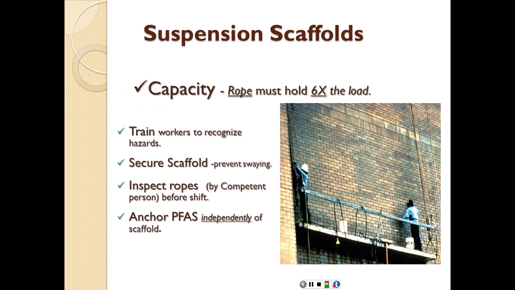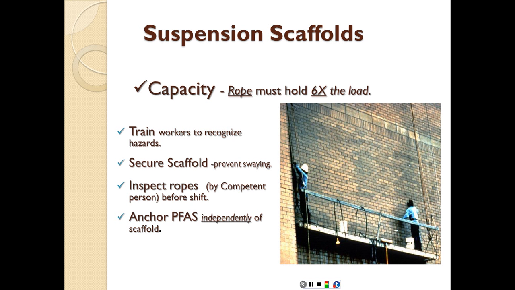The third type of scaffolds is the suspension scaffolds. As you can see here, this is suspended from the top instead of being built from the bottom up. The rope suspending the scaffold must hold 6 times the load. Remember, for the platform scaffolds, we had a factor of safety of 4. Now for the suspended scaffold, it's going to be even more strict.